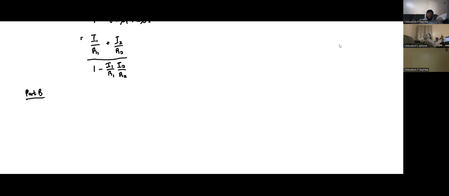So part B says, show algebraically that the phase lag of the first order system asymptotically approaches minus 90 degrees.